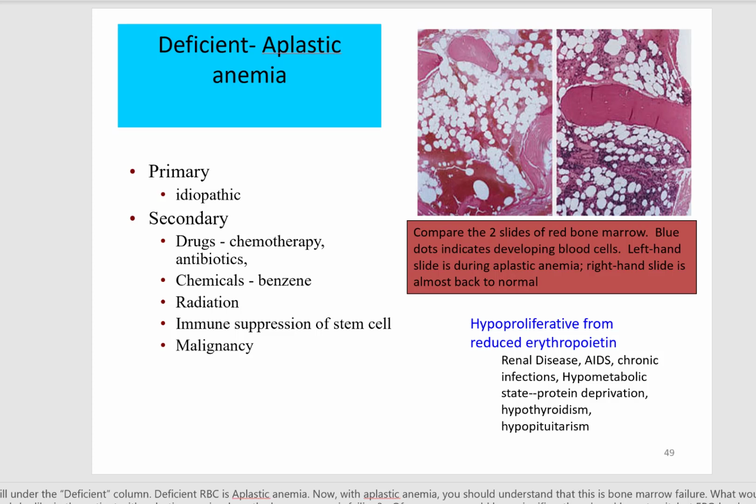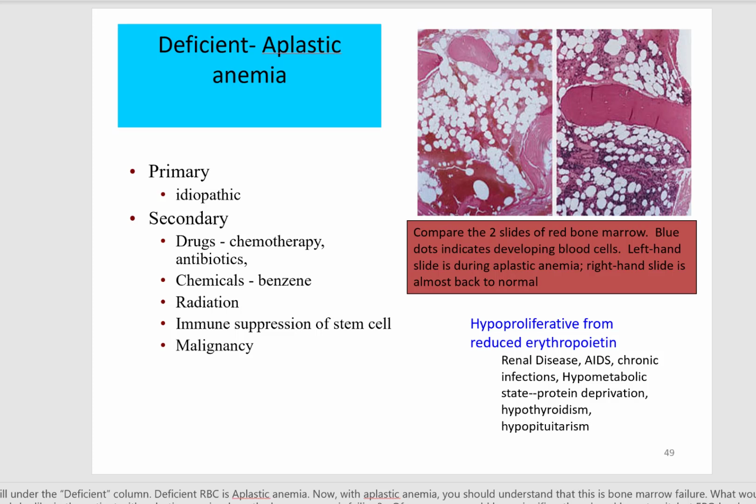Maybe it is cancer. This is what I mean by malignancy. Maybe the person has been exposed to a significant amount of radiation. Maybe they've been exposed to chemicals like benzene or antibiotics, which has caused the person to have an adverse reaction.